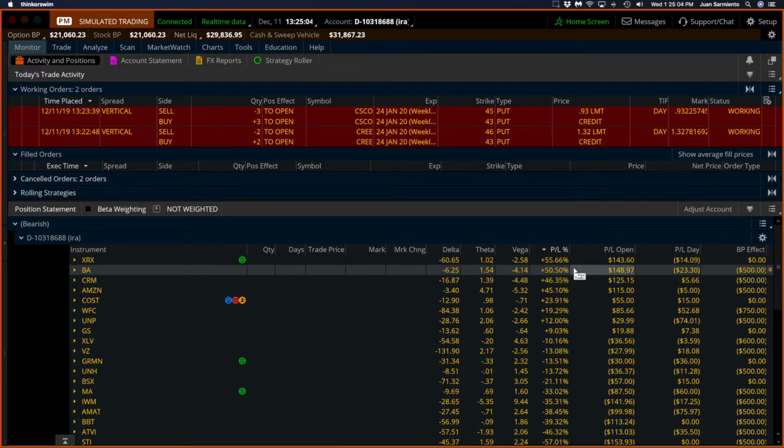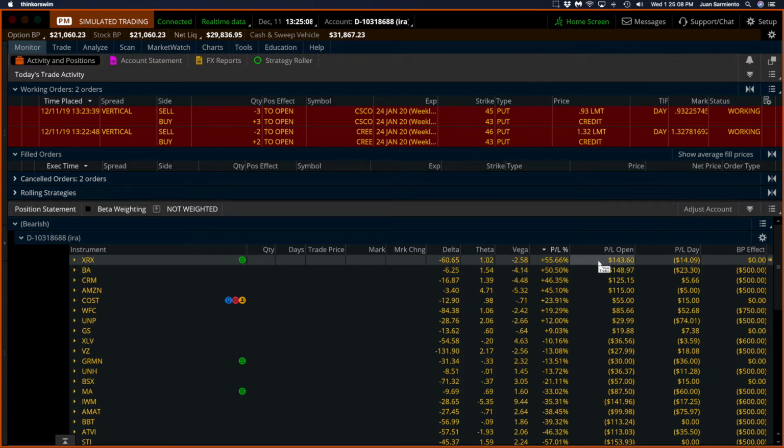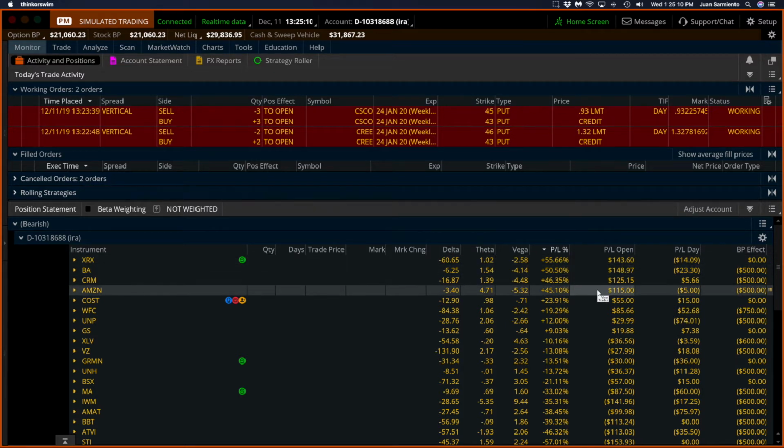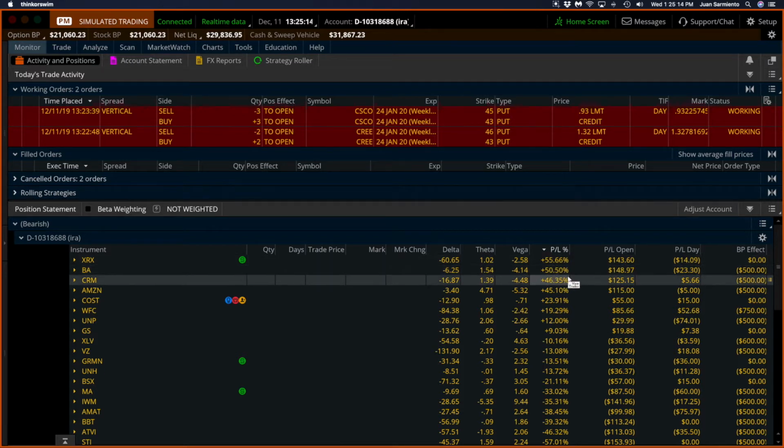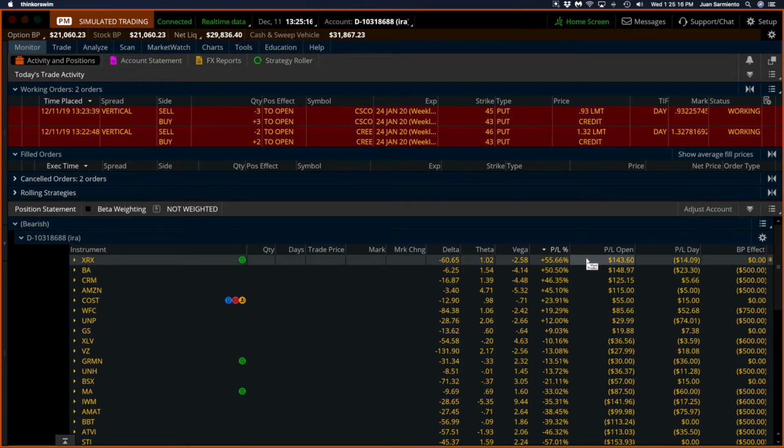Here you have how the market has been going up and up and up, and here we have 2 bearish trades that have been gaining more than 50%. So it's not all bad news. So you need to let them work, and when they work, you get them out. That should be our philosophy.